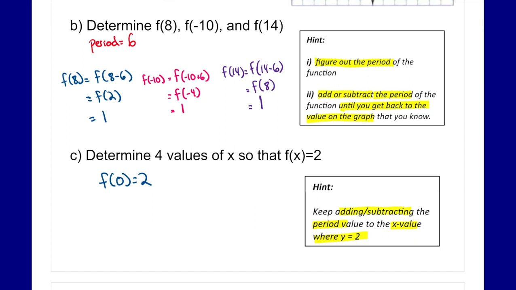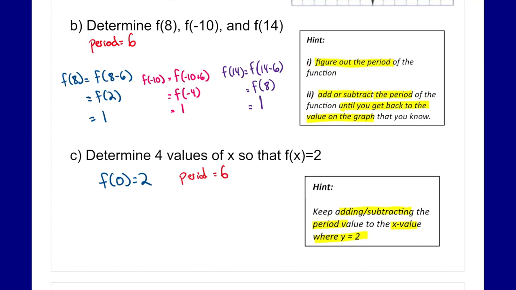So now what I have to do is just add and subtract the period, which we know was 6. Adding and subtracting the period to this x value is going to give me other x values where the function equals 2.